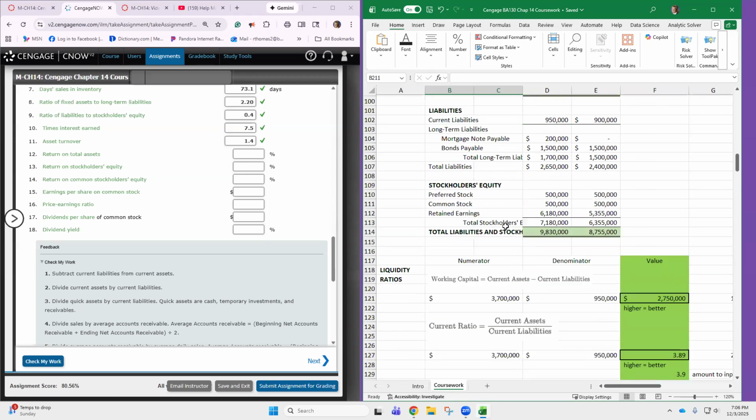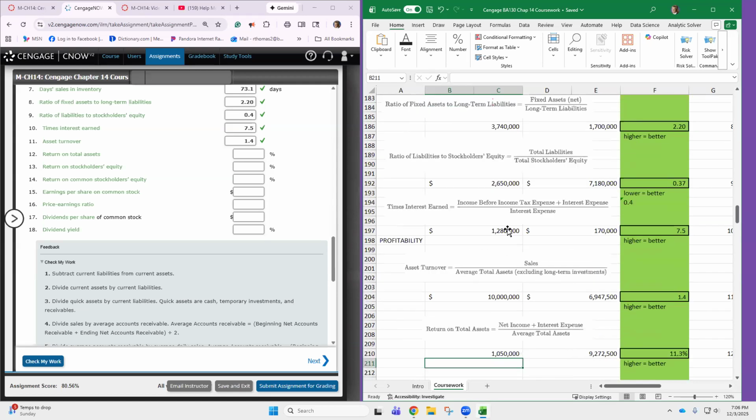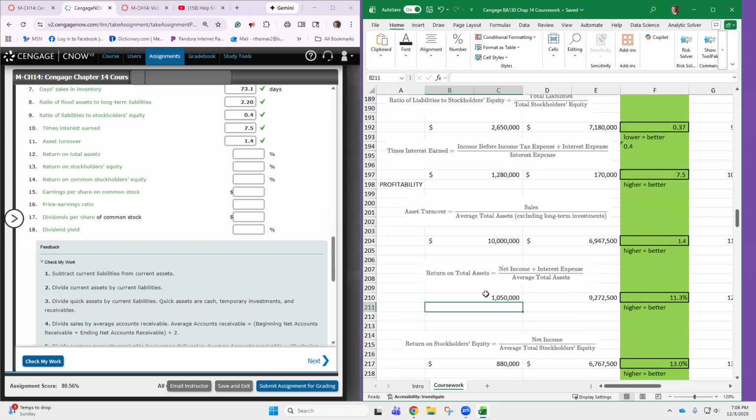So in order to add something back that's a negative, you've got to subtract it. If you don't remember that, that's a rule in, I think, algebra. But there's where it is. So I've got net income plus my interest expense. Then I'm going to divide by my average total assets.